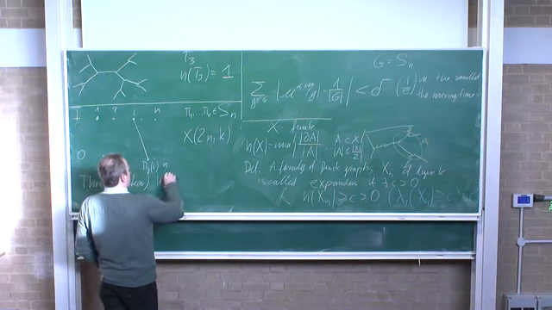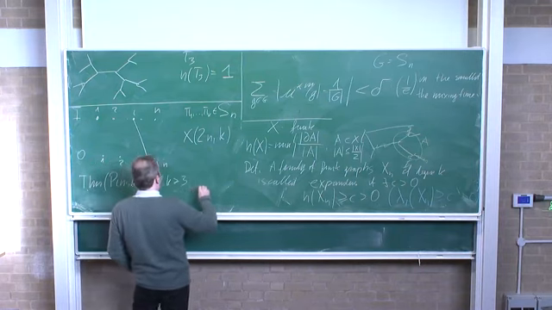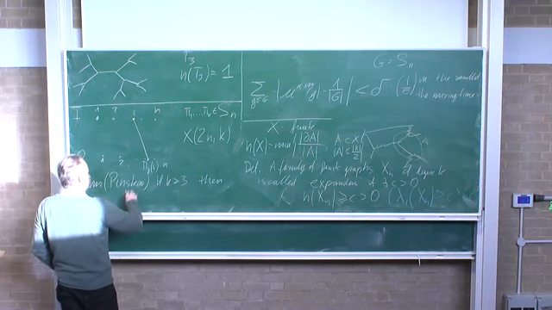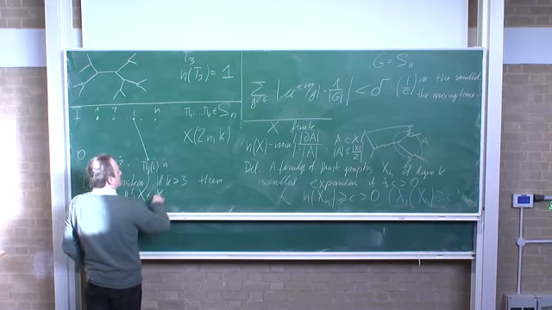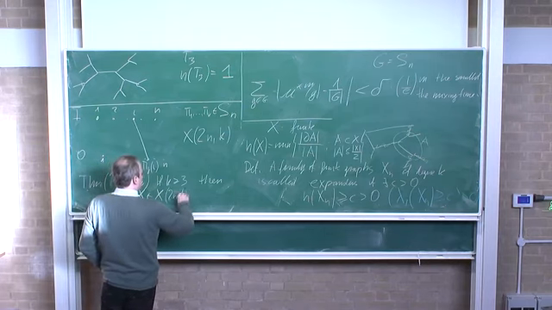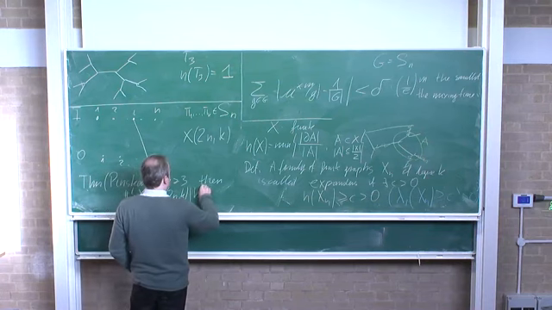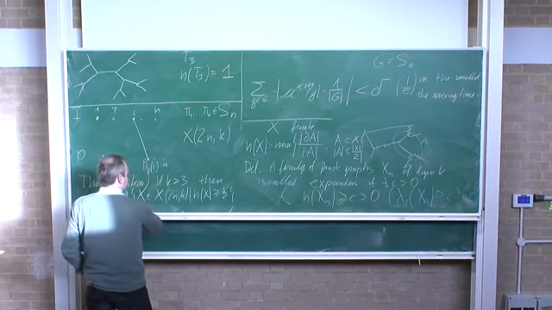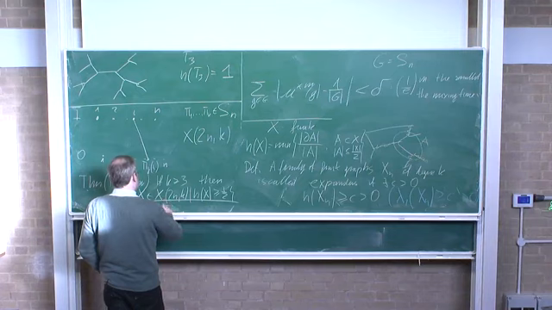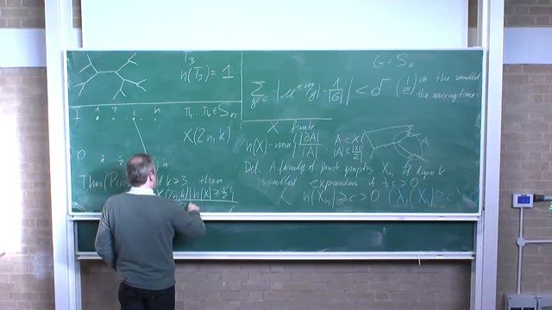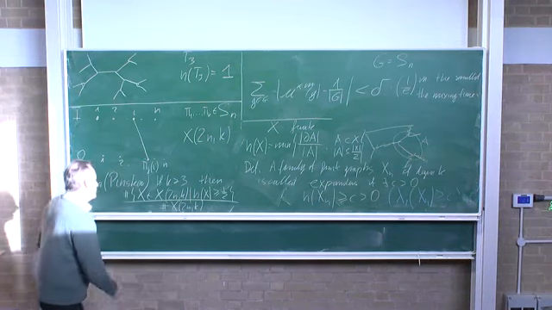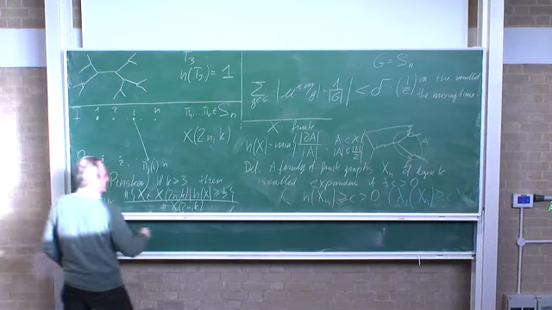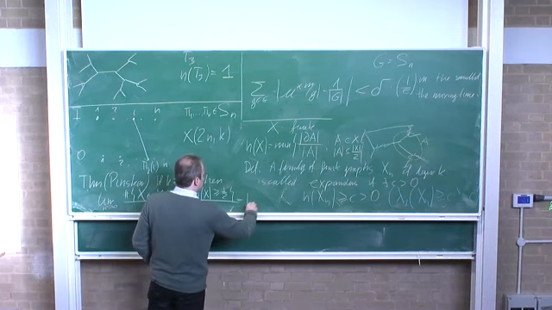If k is at least 3, then if you count the number of graphs here such that the isoperimetric constant is less than 1/2, and you divide by the number of all these graphs, then when n tends to infinity, it's equal to 1.